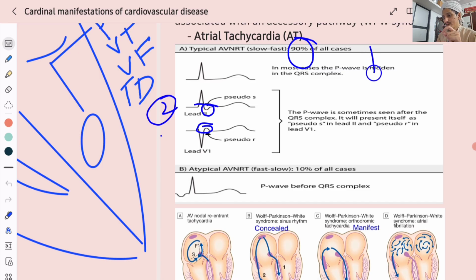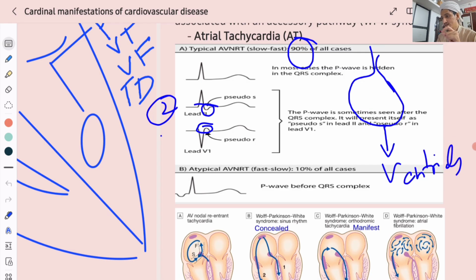Okay, why does that happen? Because after stimulating the ventricles downward, the impulse immediately rounds up and stimulates the atria also. So because of stimulation of the ventricles, you get the QRS complex, and just after giving the impulse to the ventricles, the impulse goes and stimulates the atria again.